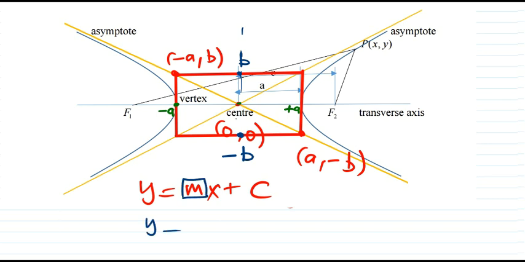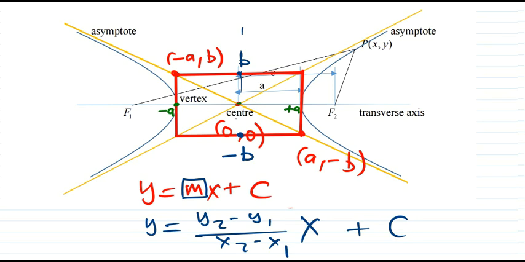The gradient is y2 minus y1 over x2 minus x1, the change in y divided by the change in x, attached to x, will give us the first part, plus our constant c. Now for our lines that cut through the center, for the c we're just going to have 0, so no need for us to waste a lot of time there.